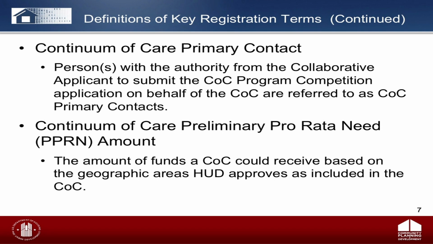The Continuum of Care Preliminary Pro Rata Need, PPRN amount, is the amount of funds a COC could receive based on the geographic area that HUD approves to be included in your COC. For fiscal year 2012, the calculation of PPRN will be affected by new factors as HUD is establishing a new baseline of need.